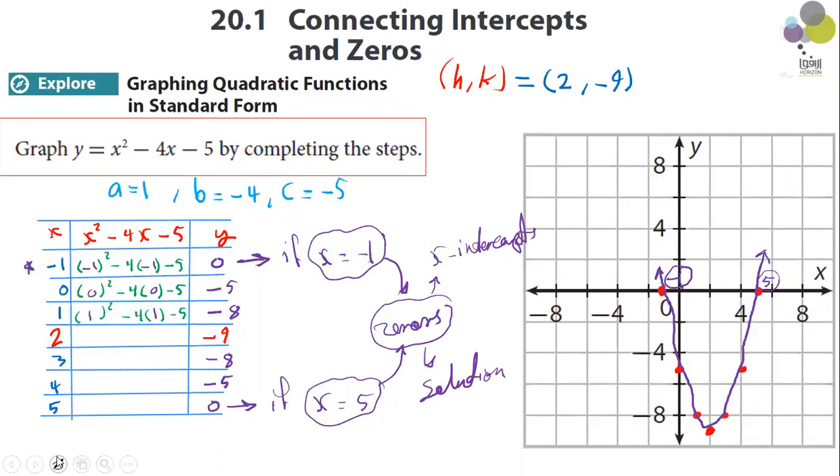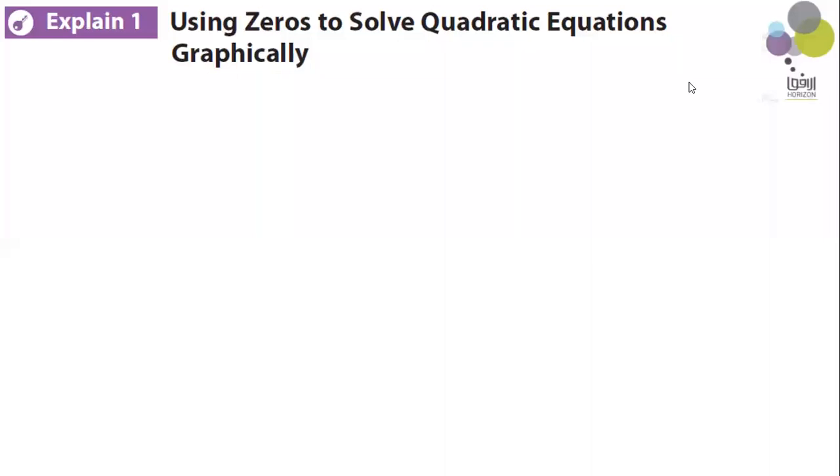The first name is zeros. Second name, x-intercepts. Third name, solutions. Okay. So now we have a parabola, and this parabola intersects the x-axis at 2 points. These 2 points are the solutions, are zeros, are x-intercepts.